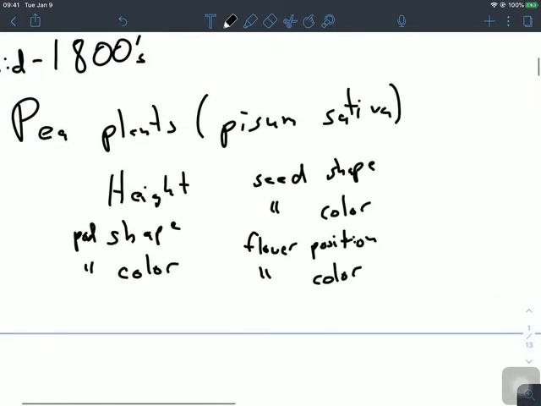And with these 7 traits, he was able to show the basics of modern genetics.